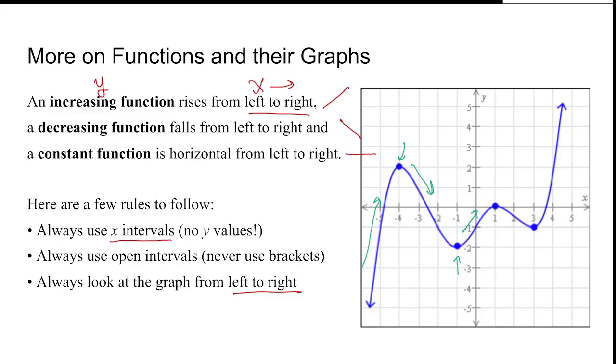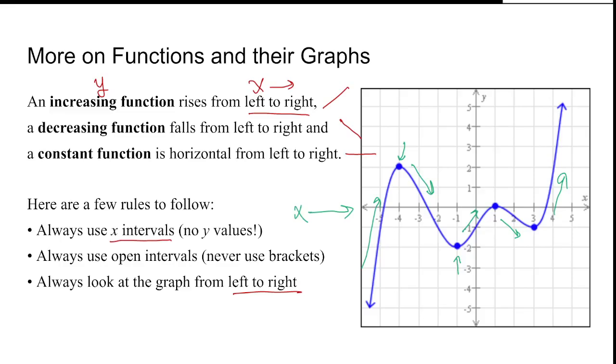This little segment's increasing. This little segment's decreasing. This little segment's increasing. And again, when I say increasing or decreasing, we're talking about the y values. The x, as we're reading this, is always increasing because we're moving from left to right.